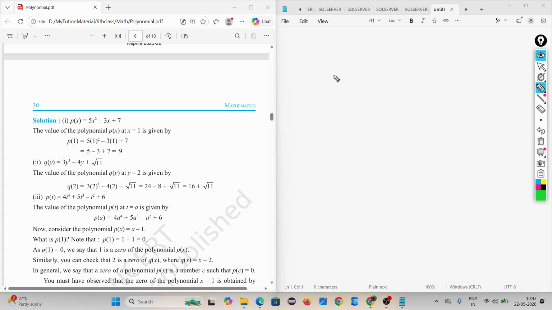Then the last question is, there is a polynomial having variable t equal to 4t raised to the power 4 plus 5t raised to the power 3 minus t square plus 6.